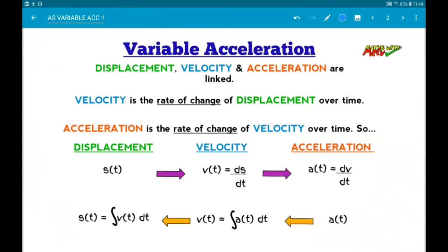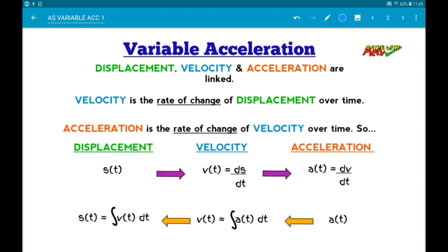First up, I've made this page especially for these questions. Displacement, velocity and acceleration are linked. Velocity is the rate of change of displacement over time, and acceleration is the rate of change of velocity.